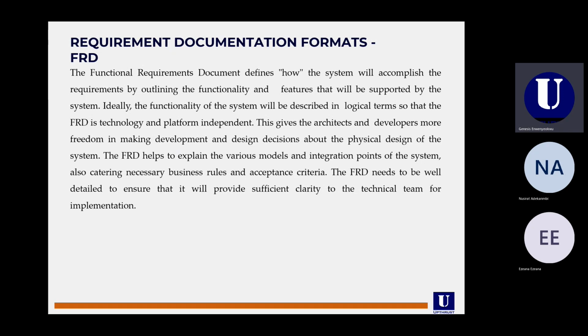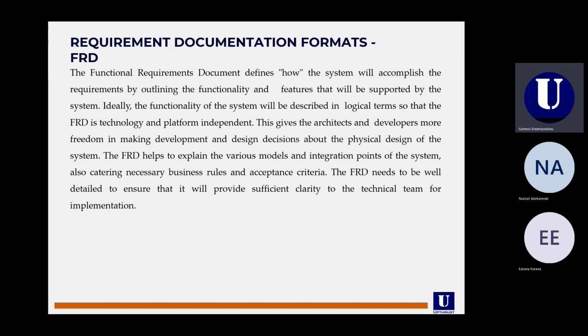Ideally, the functionalities of the system will be described in logical terms so that the FRD is technology and platform independent. This gives the developers, engineers, and architects more freedom in making development and design decisions about the physical design of the system.